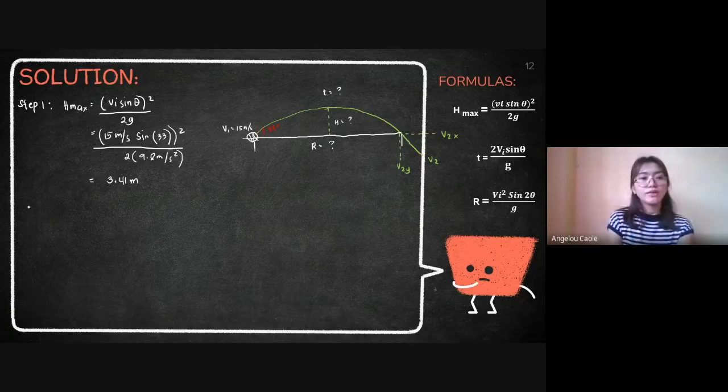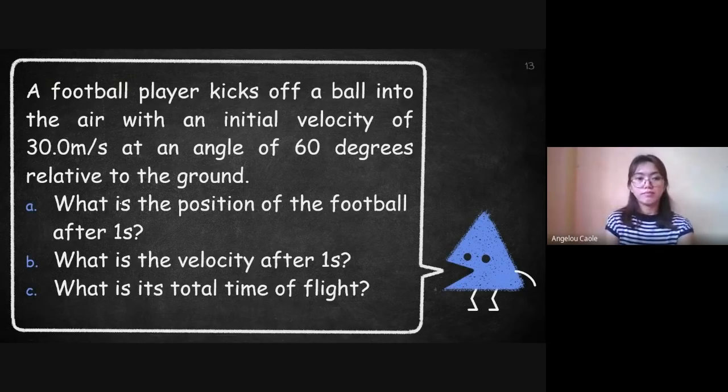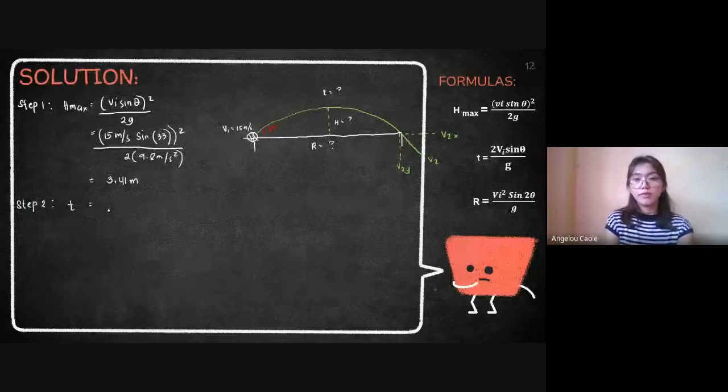For step 2, we have T is equal to 2 V_i sine theta divided by g.